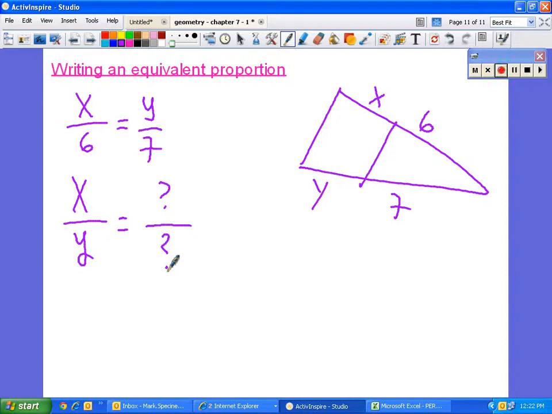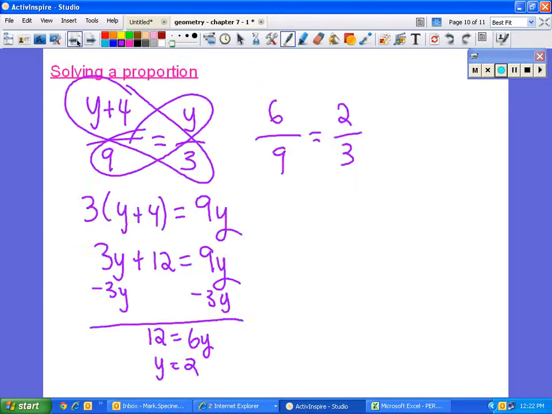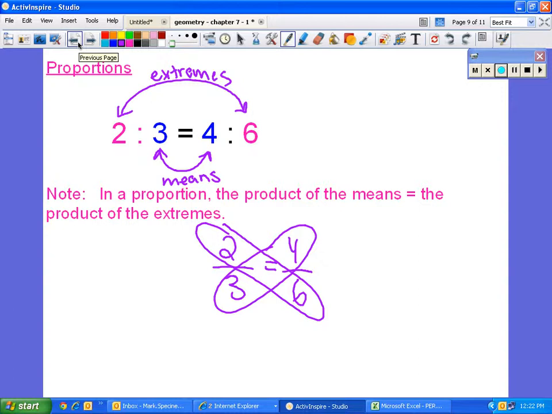Now, we didn't discuss it, but there's a property of proportions that allows you to switch the means. So if we go back to the means, the mean is the denominator of the fraction on the left and the numerator of the fraction on the right.